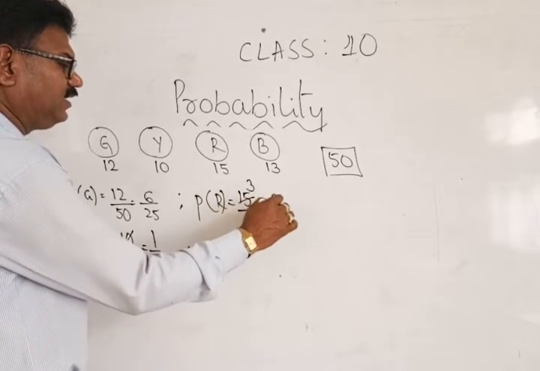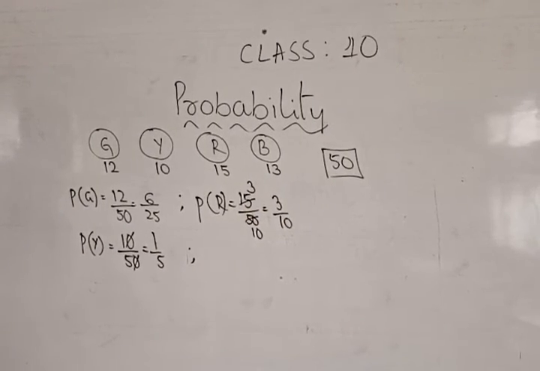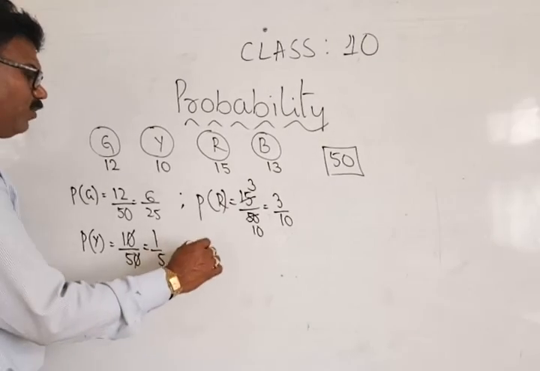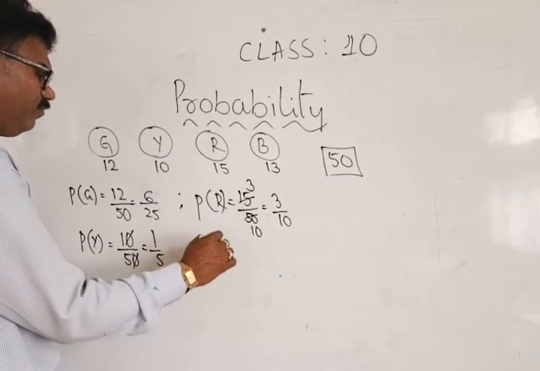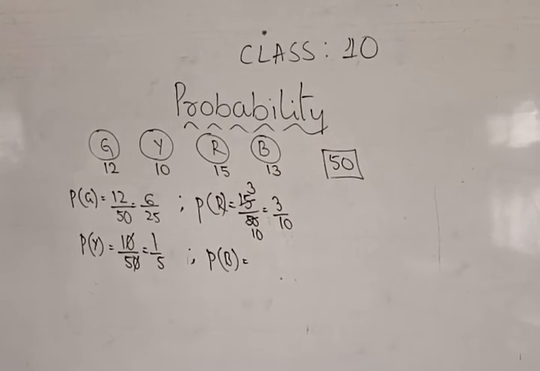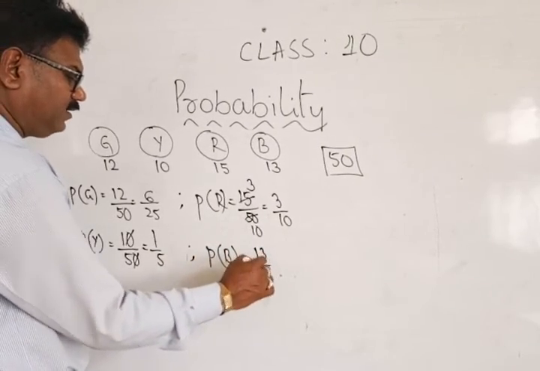What is the answer? 3 by 10. Next, probability of blue marbles. Then 13 by 50. That's it.